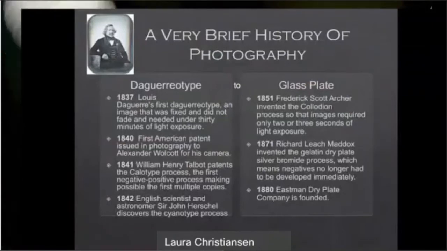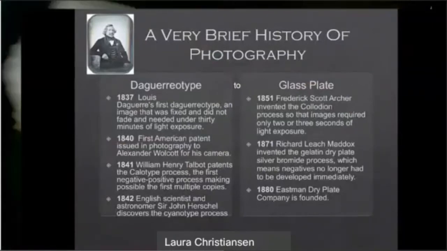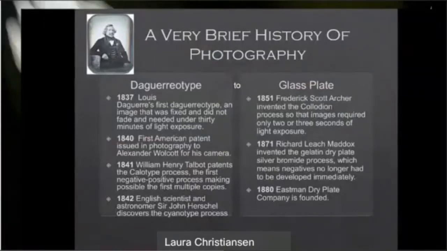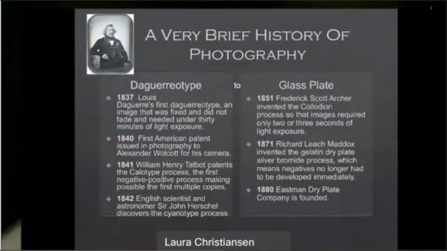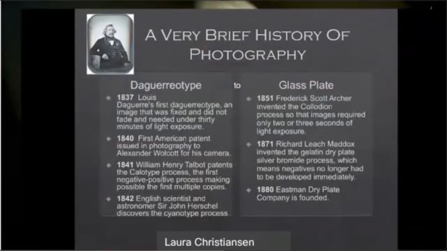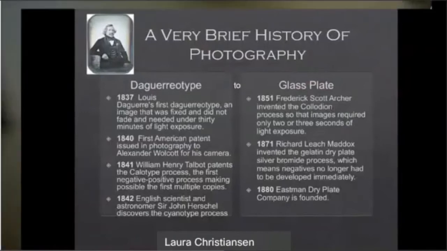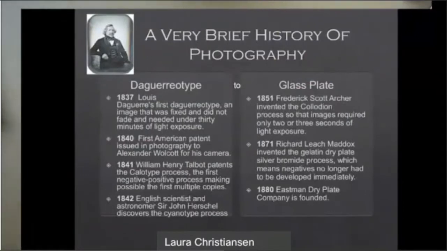Contemporary to Daguerre and his partner in England is William Henry Talbot, who is inventing a completely different process for photography called the calotype. So the calotype is actually a negative positive process. So in that case, Talbot soaks paper in salt water, then adds the silver salts to the top.